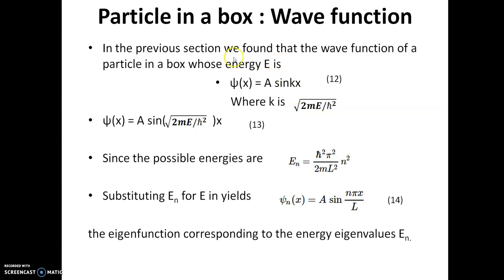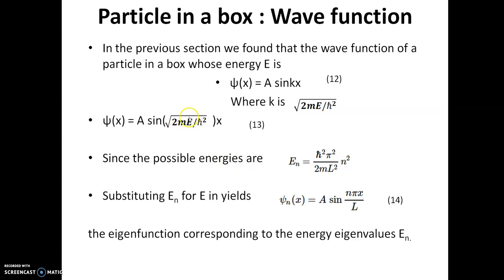So, when we substitute this k value into this equation 12, we will get psi of x equal to A sin of root of 2mE by h cross squared into x.